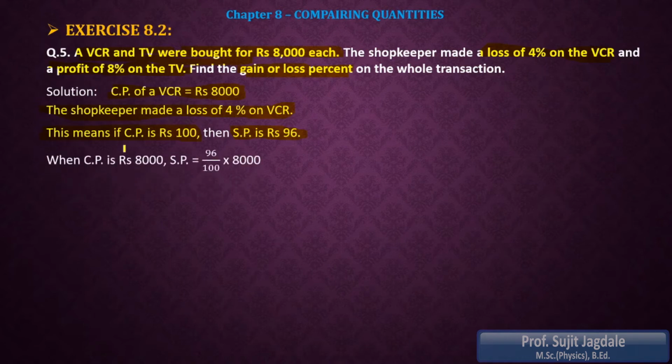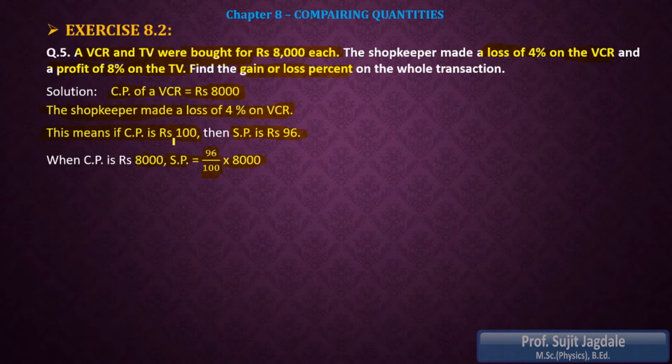So therefore, when CP is Rs 8,000, then I have to calculate the SP by using this formula, 96 divided by 100 into 8,000. So suppose I will split this 8,000 in terms of 100. For a single 100, the SP is 96.